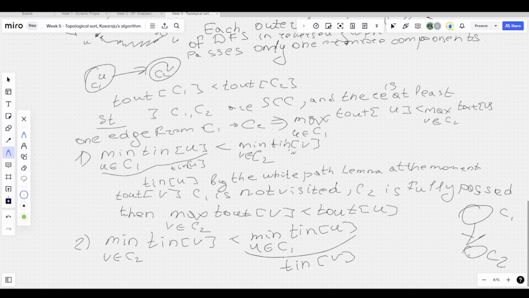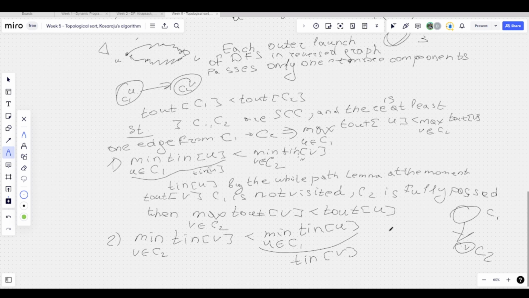In this case we consider the various minimum tin, and notice that there's no path from v.